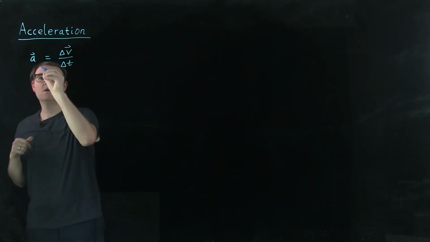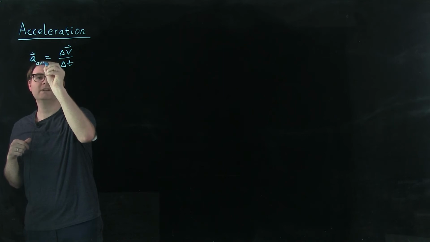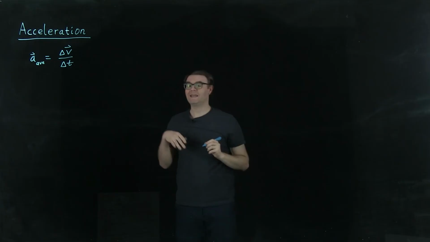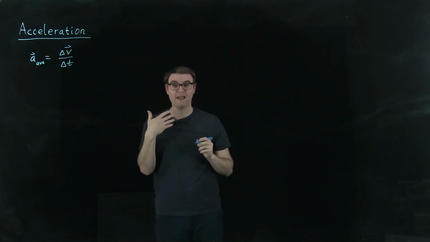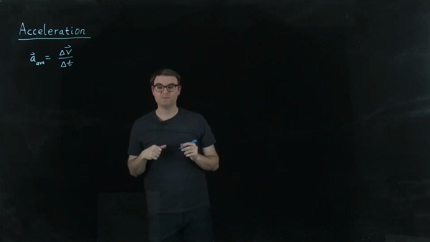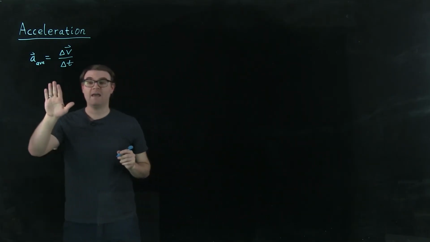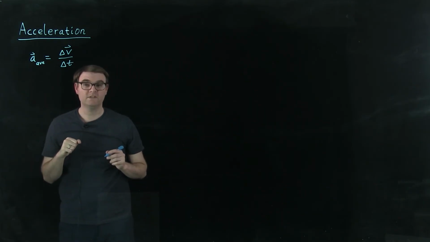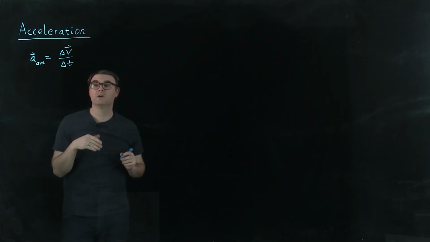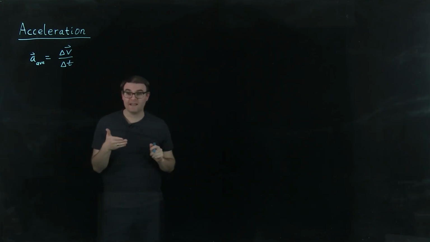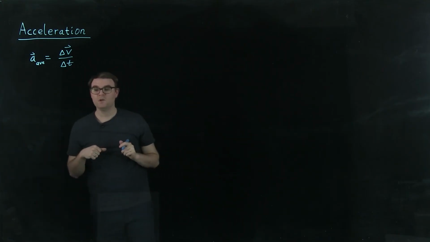And just like we did for velocity, what we've really defined here is the average acceleration. Again, we can think about that very similar to the average velocity being the change in position divided by the change in time. Now you can see that acceleration, like other quantities we've seen so far, is a vector quantity. And it's related to the vector change in the velocity and the scalar change in time that elapses.